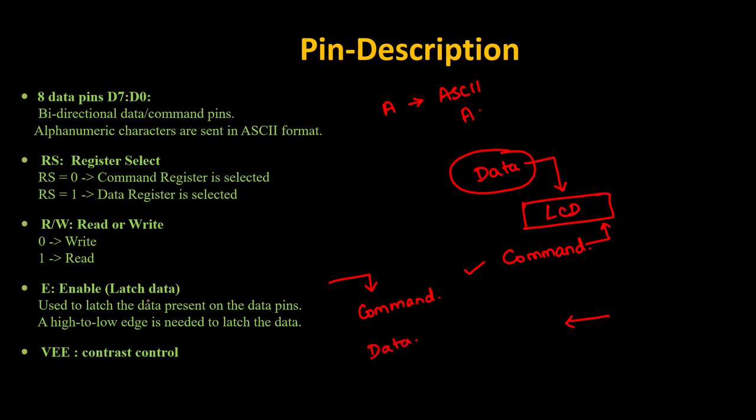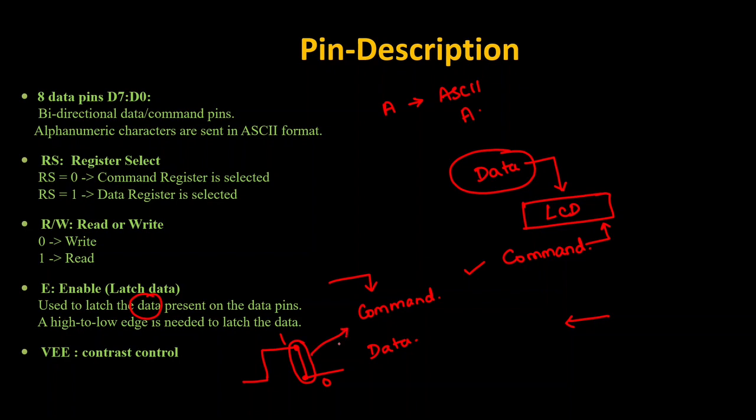It will take the data on your data pin and then present it to your LCD screen. For this, a high to low edge is needed. Already it is high, some pulse is high, and whenever it goes low, that is a 1 to 0 transition, this event will happen.